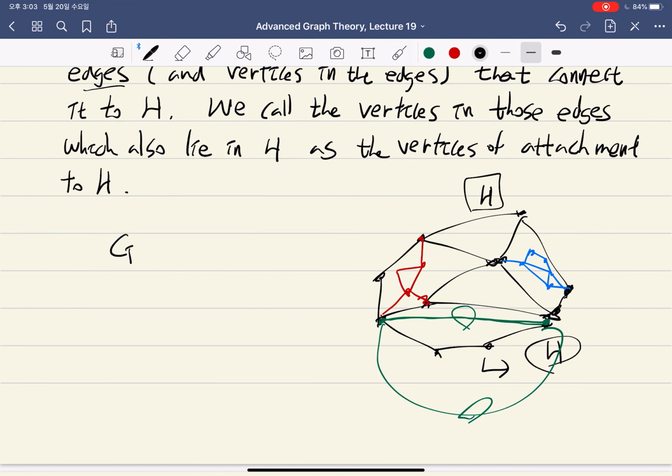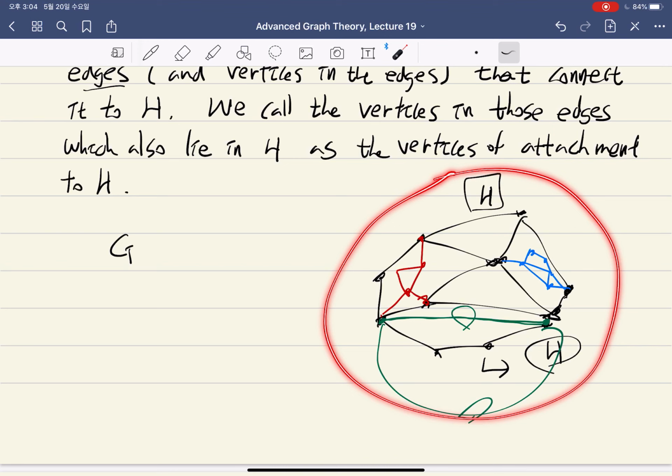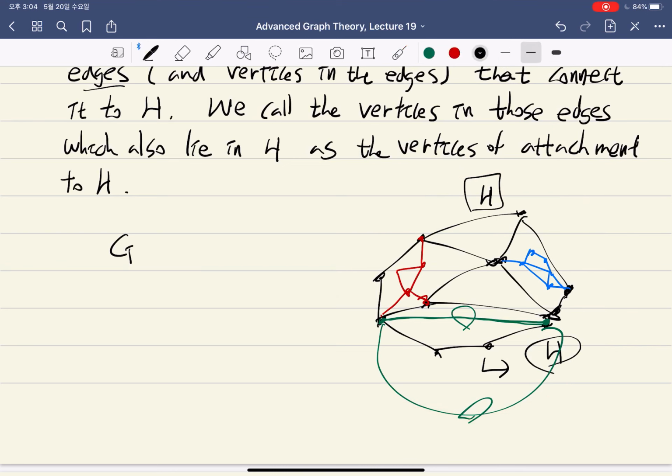And moreover, when we actually embed this fragment, it is actually a fragment of this cycle as well. And this fragment is also a fragment of this cycle. So as long as the entire graph is planar, if this H fragment is not a fragment of some cycle, then there is no way that we can embed this fragment into the plane without changing how we have already embedded the black graph.